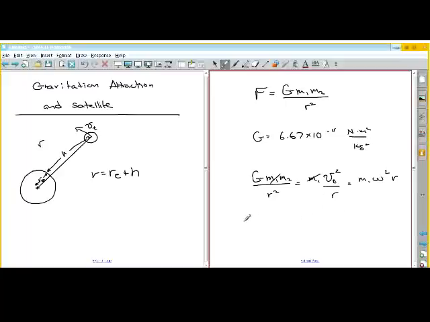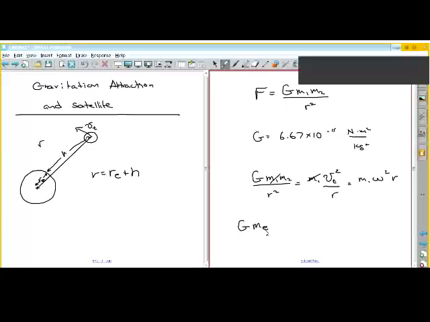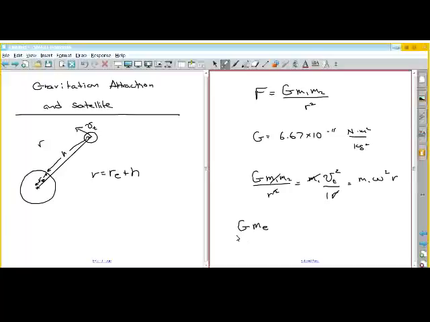So there's two versions you can come up with. One is G times m sub e, assume it's the Earth, or whatever is at the center of this rotation, the planet or the sun, divided by r. Now notice you have r squared here, so you can cancel one of those out. So we get G m sub e over r is equal to the tangential velocity squared.